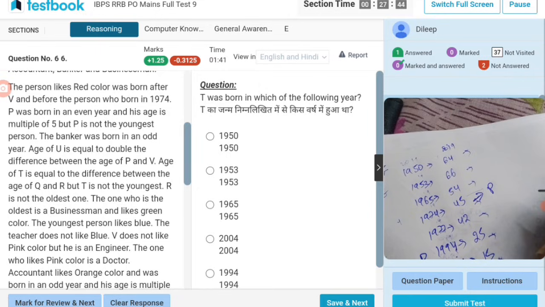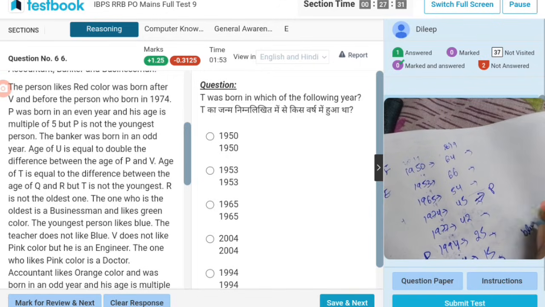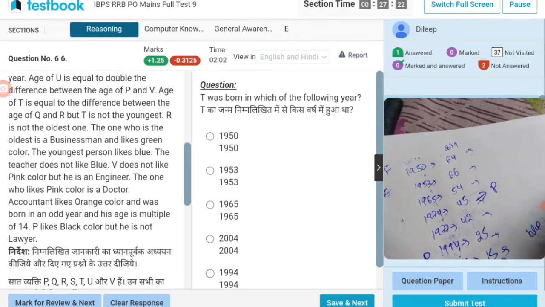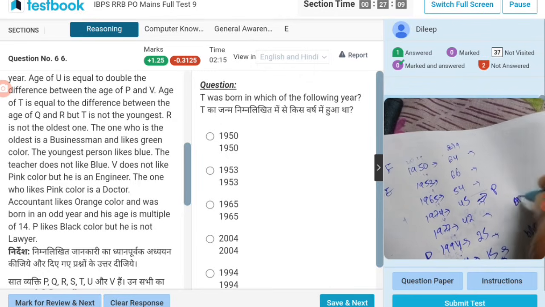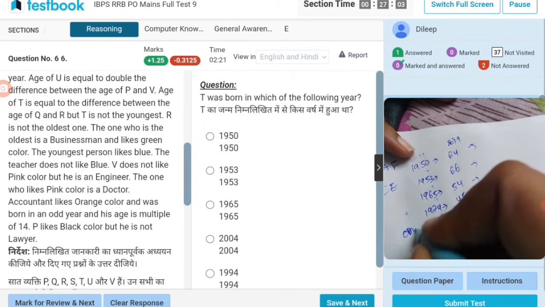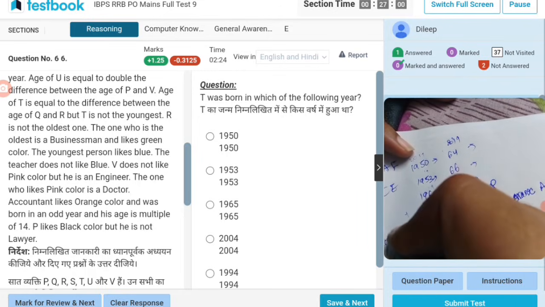The age of U is double the age of P and V. T is equal to the difference of Q and R. The youngest one is blue, pink color is doctor, and accountant is orange, was born in an odd year and his age is a multiple of 14. So orange and accountant.